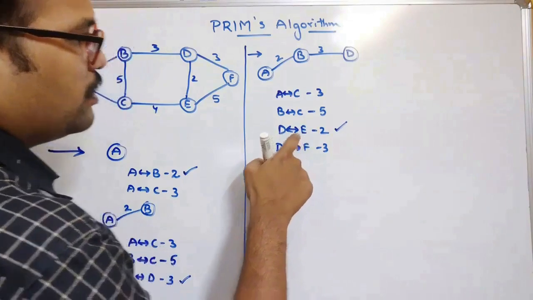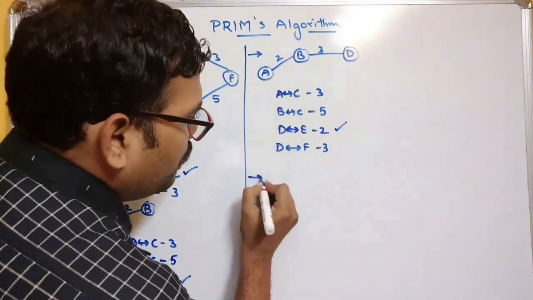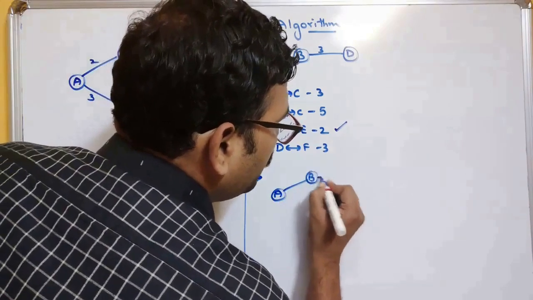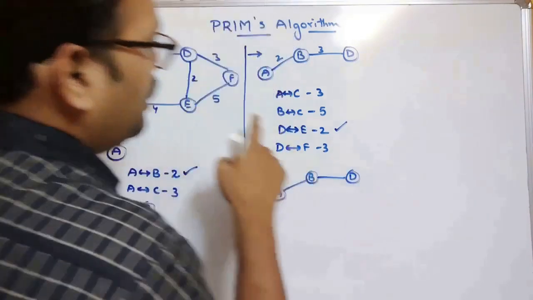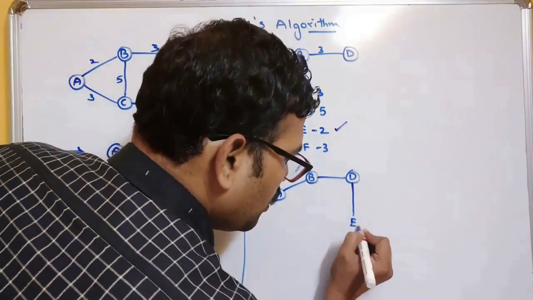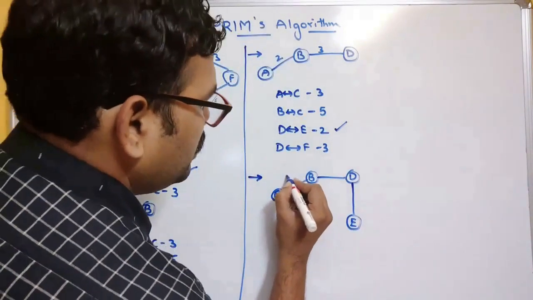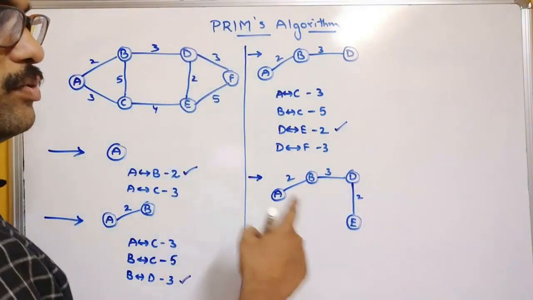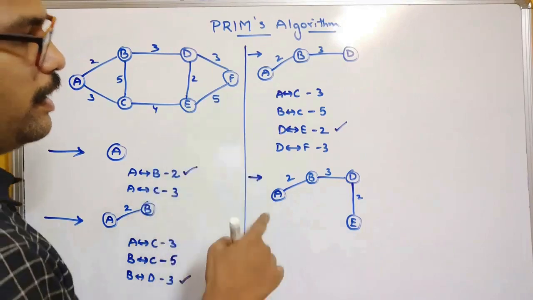So consider this one. Now the spanning tree will be A, edge to B, edge to D, and from D to E. So the cost is 2, 3 and 2, right?